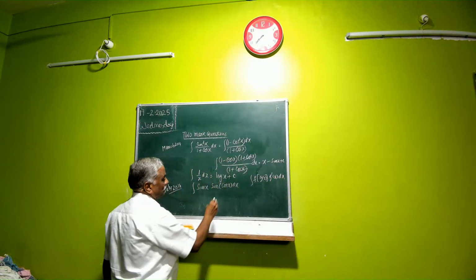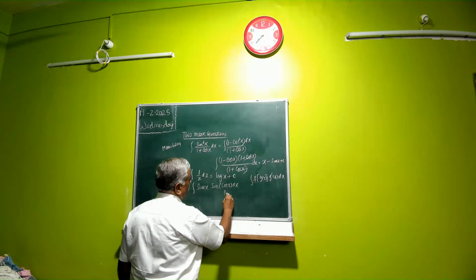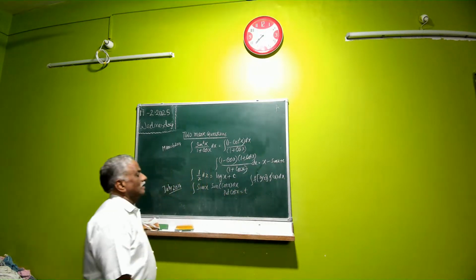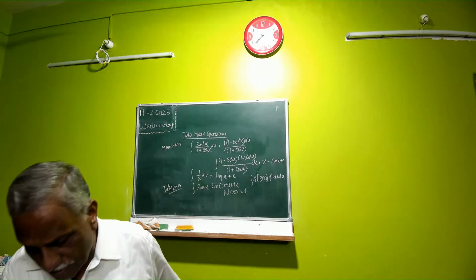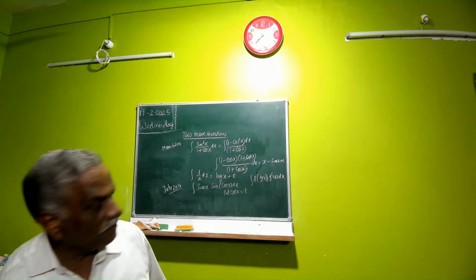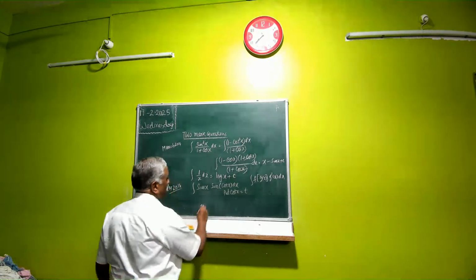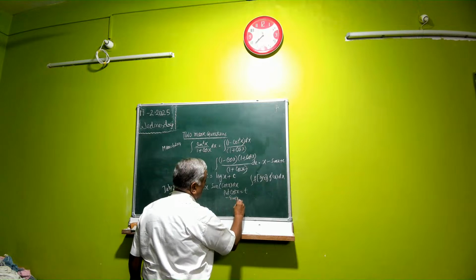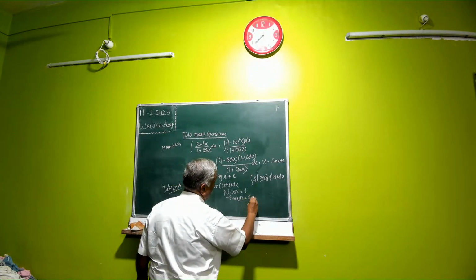So here, put cos x as t. When you put cos x as t, you get minus sin x dx equals dt.